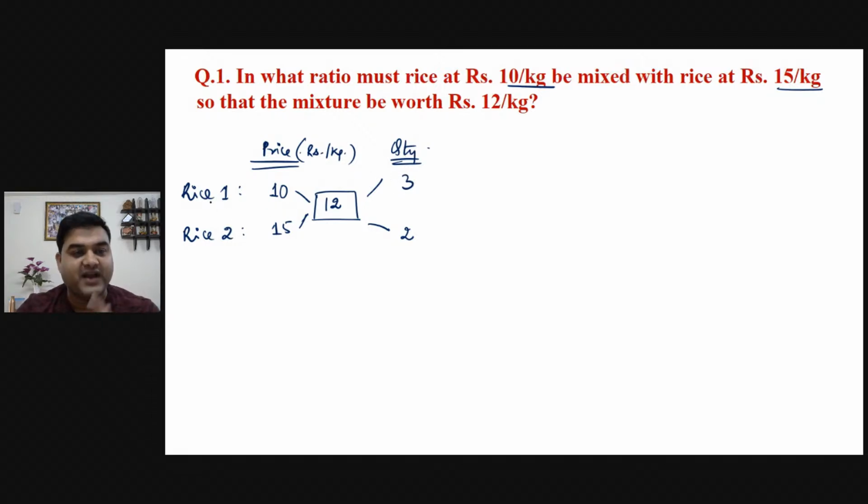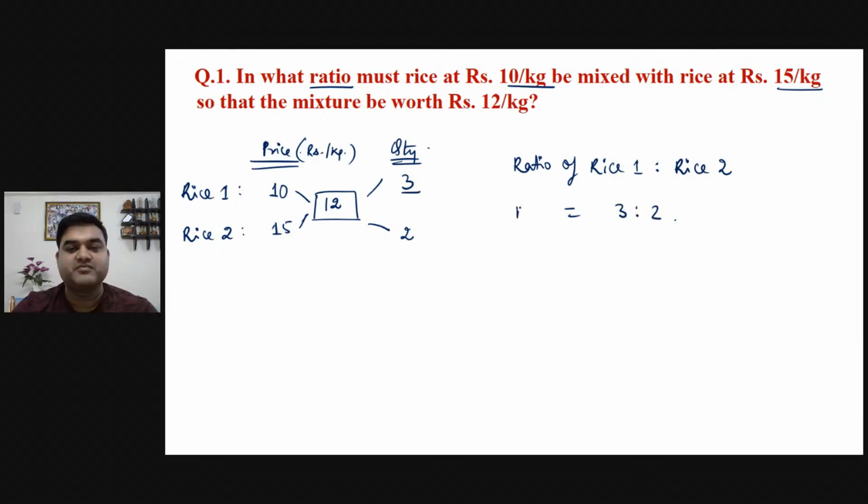The ratio of rice 1 to rice 2 will be equal to, rice 1 is 3 and rice 2 is 2.